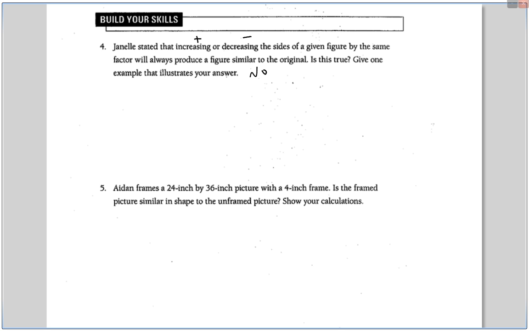So for example, say we had a rectangle that was 2 by 3. And then we'll add 1, add 1. So then we have 3 and 4. Now when we go to do our ratios, you always have to match up corresponding sides.